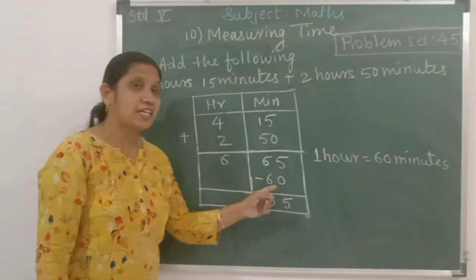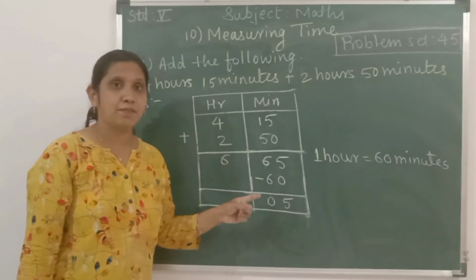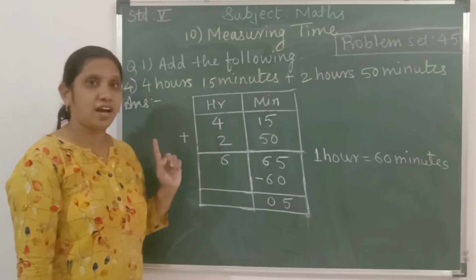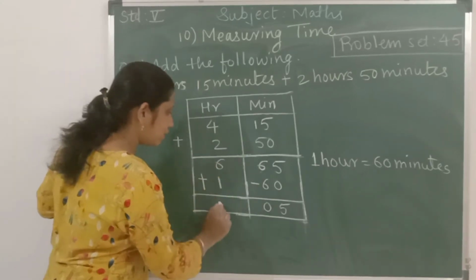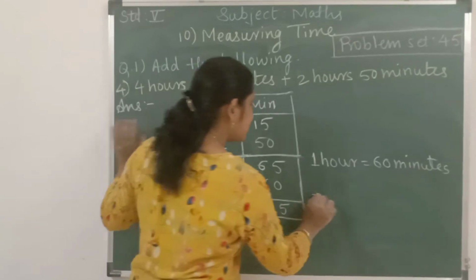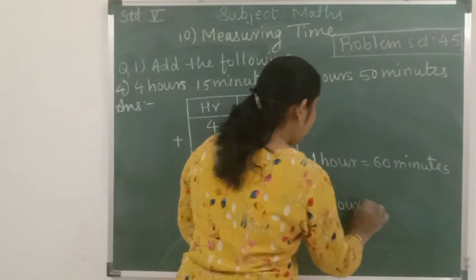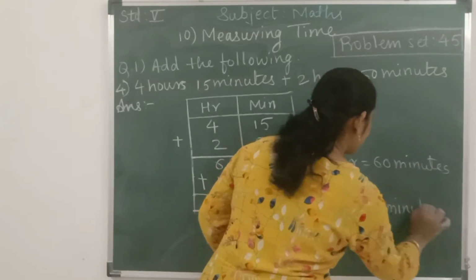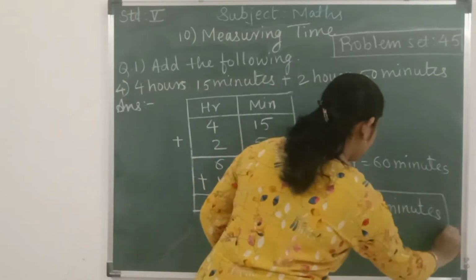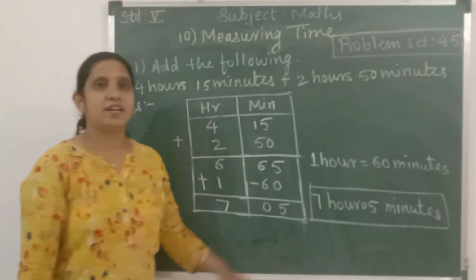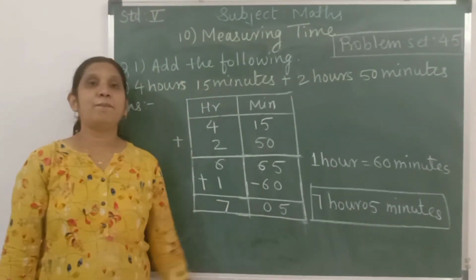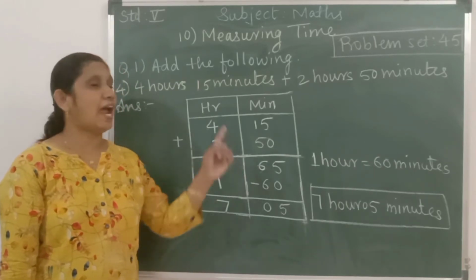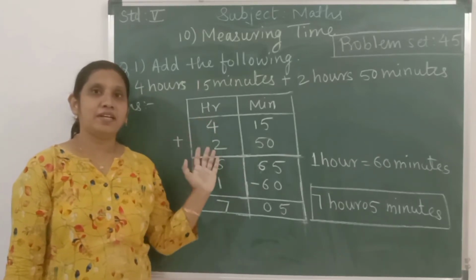When I am subtracting this 60 minutes, it means I have to add that 1 hour in the hour column, plus 1. So 6 plus 1, 7. Our final answer will be 7 hours, 5 minutes. Okay. So this is how we have completed question number 1. You must have understood how to add the hour and minutes.